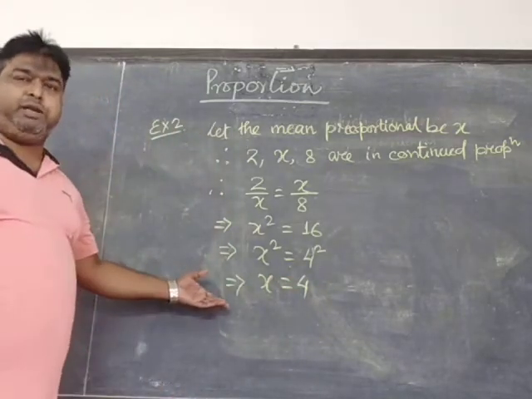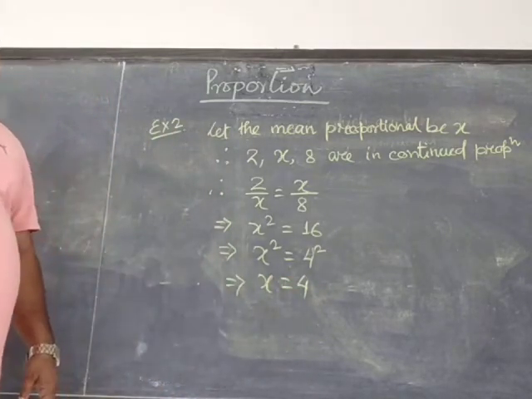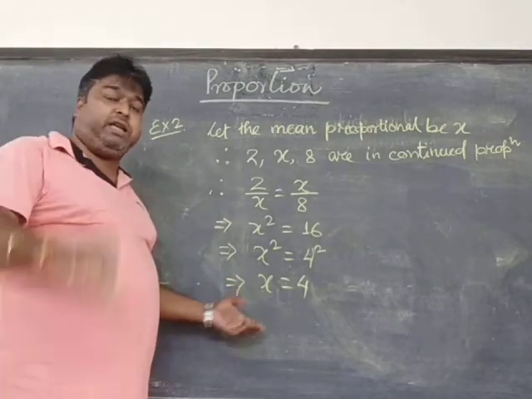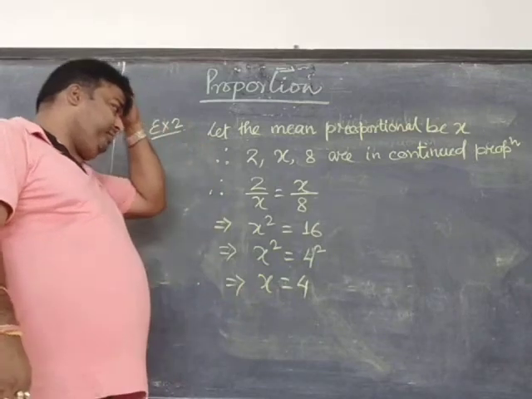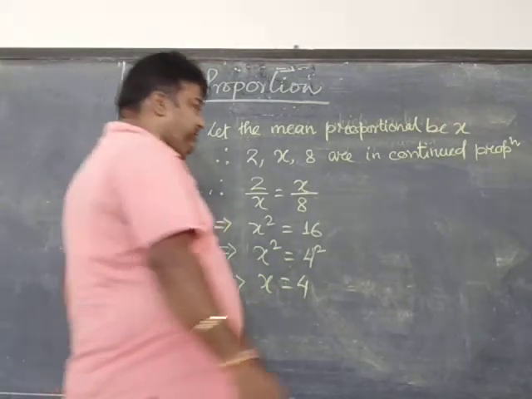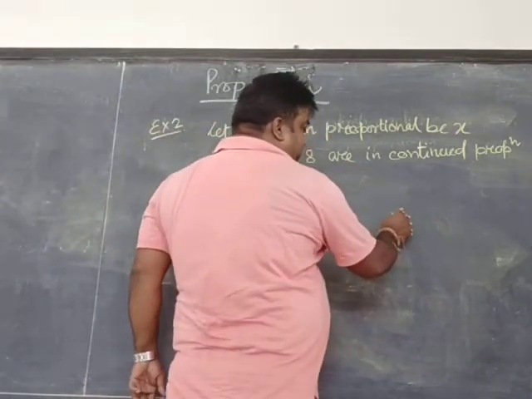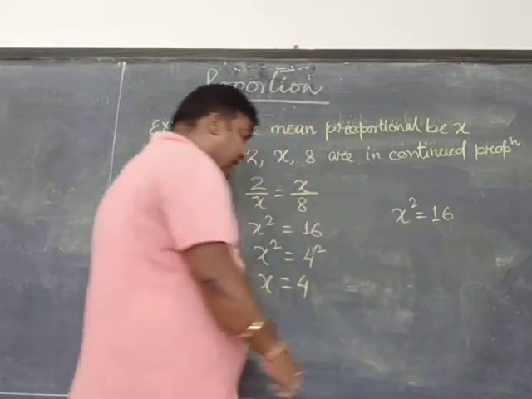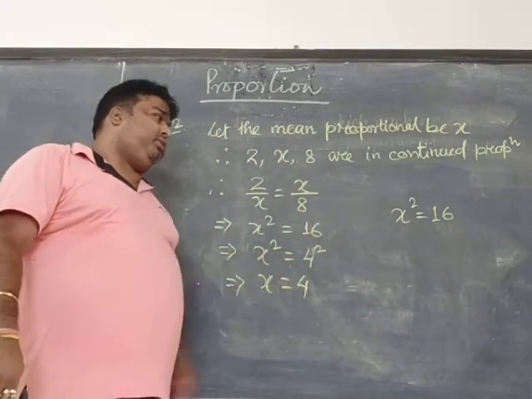Therefore the required mean proportional is 4. Now here one thing I am telling. Generally in the earlier sums also, x square equal to 16 here. Here I have shown that is x square equal to 4 square.